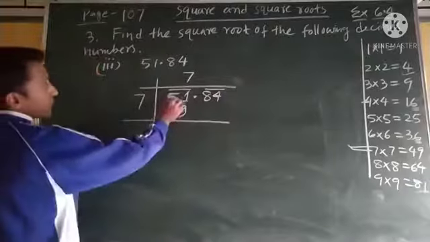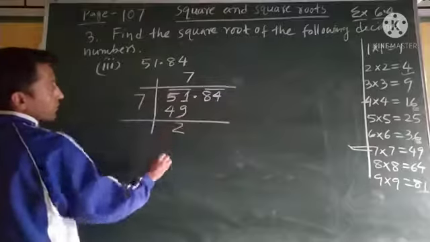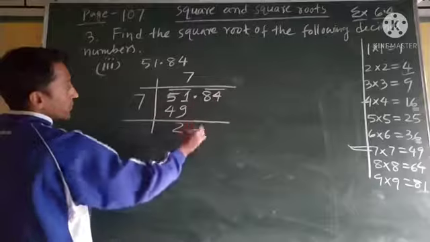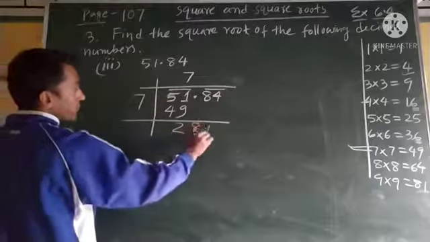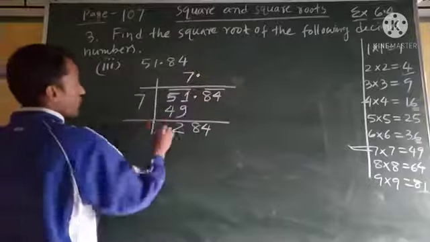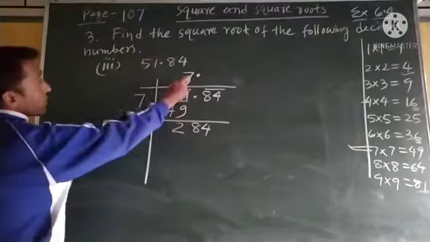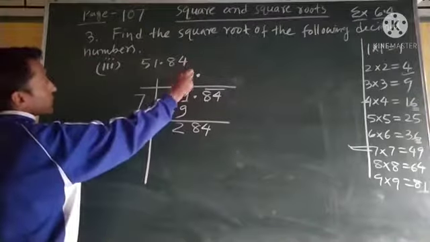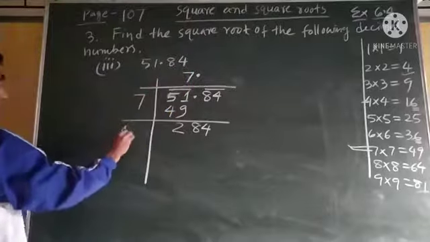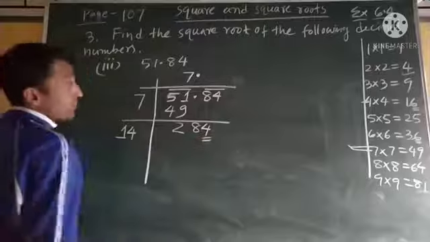You take 1 from here, then it becomes 11. 11 minus 9 is 2. Here now 4 is there, 4 minus 4 is 0. Now you bring down this decimal pair, 84. When you bring down this decimal pair, at that time you put the point. Now you make double this quotient. The quotient is how much? We have 7. 7 twos are how much? 7 into 2, 14. You see the last digit here, 4.